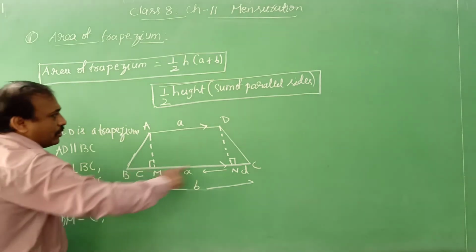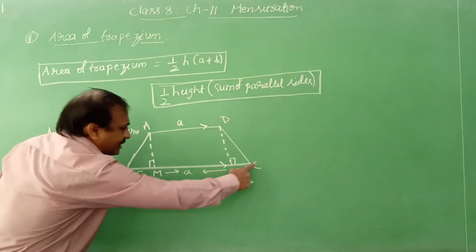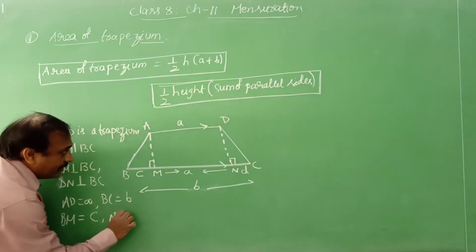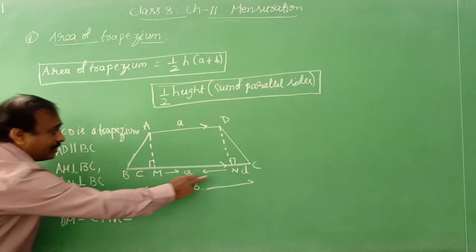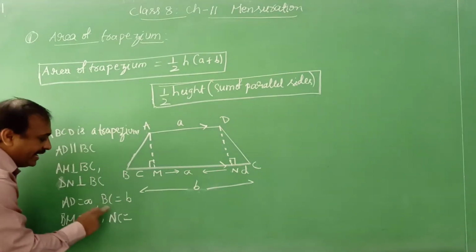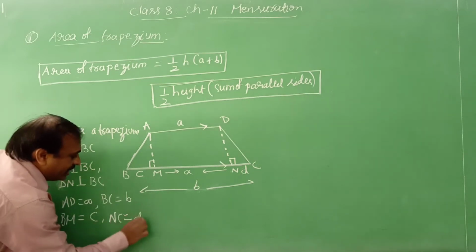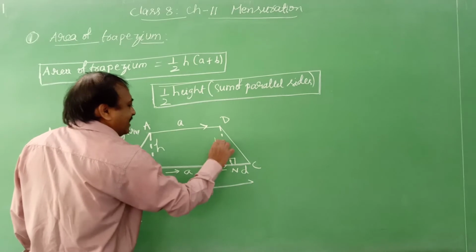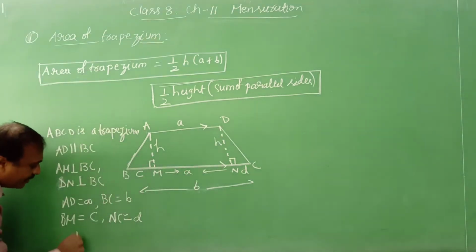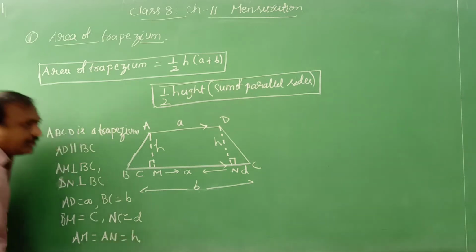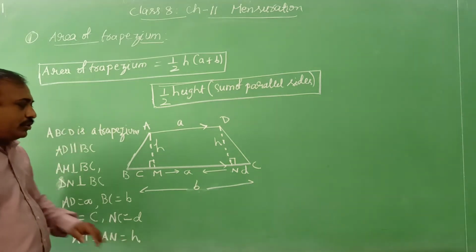So NC is the distance from N to C. BC total distance is B units. NC is equal to D units and AM is the height, H units.